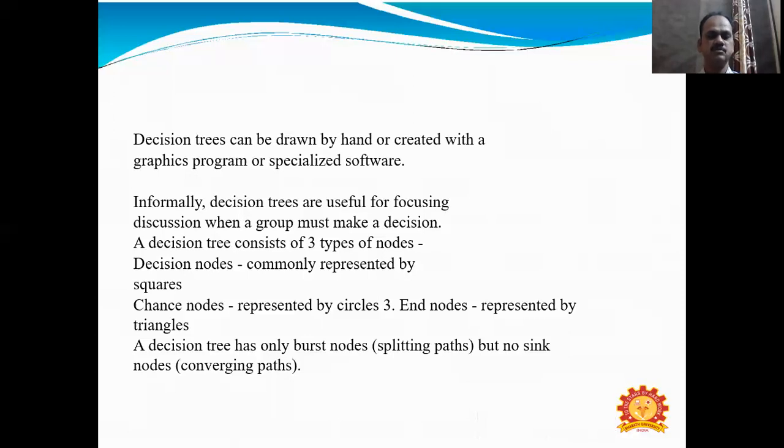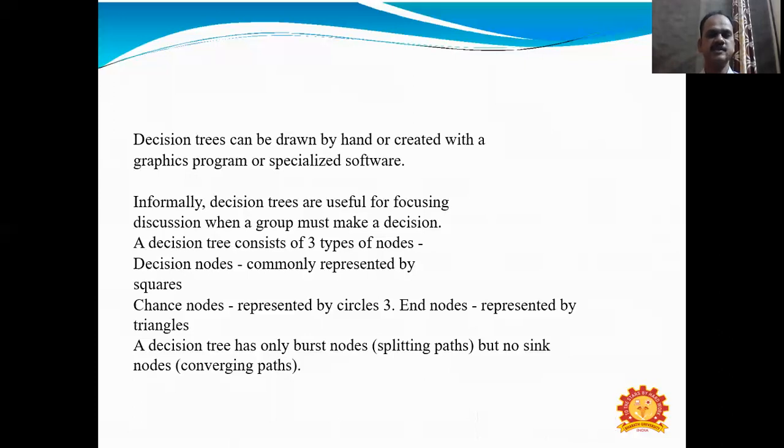Chance nodes are represented by circles. The end node is represented by triangles.